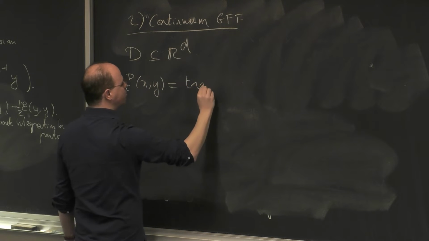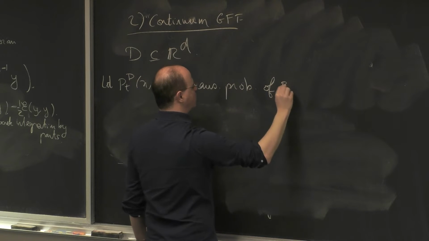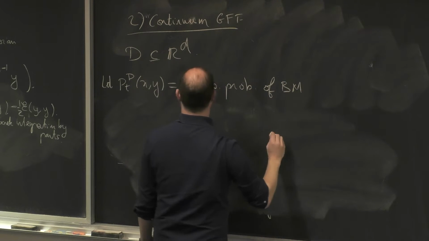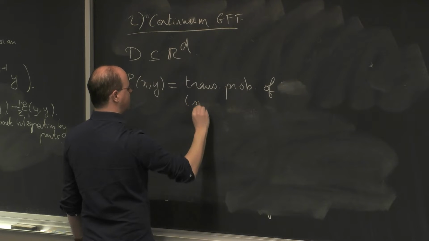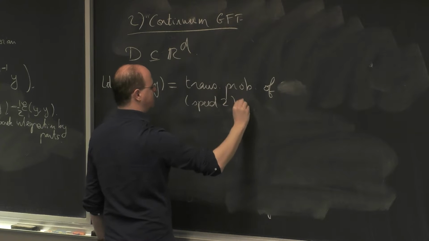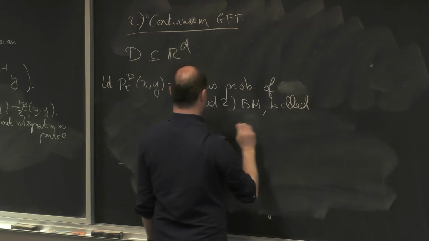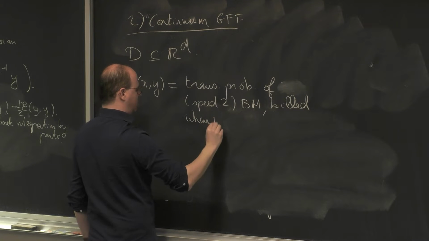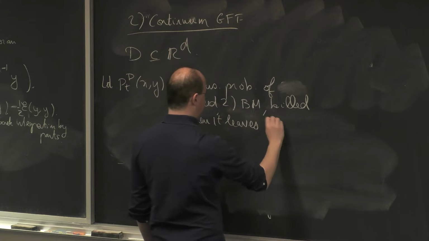That will be the transition probability of Brownian motion, let me take it to be speed 2 Brownian motion, killed when it leaves D.